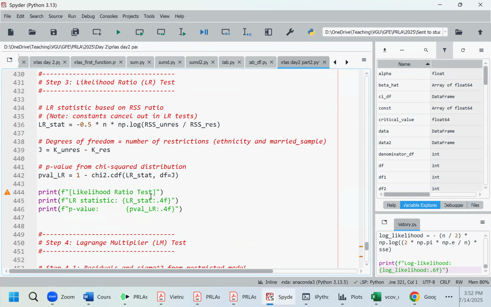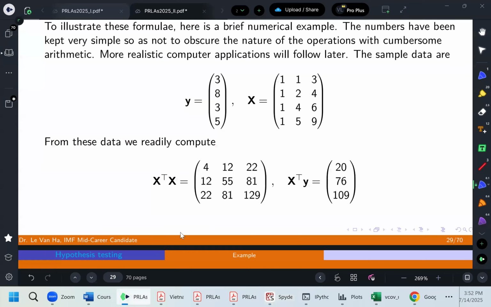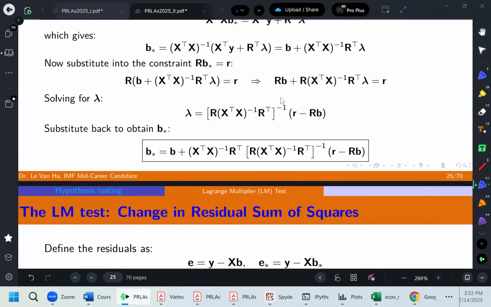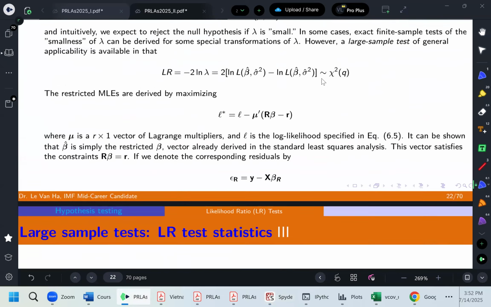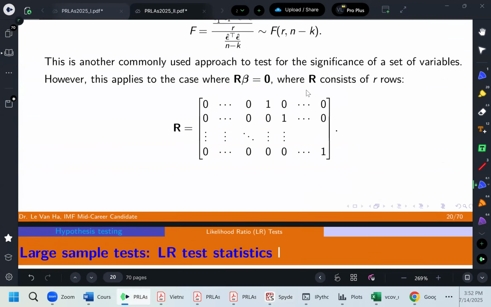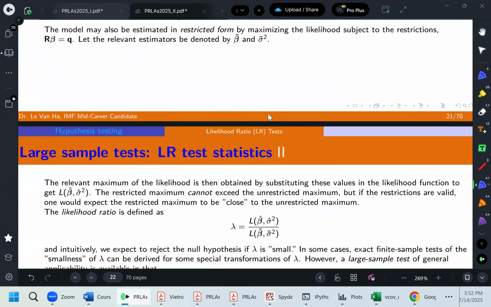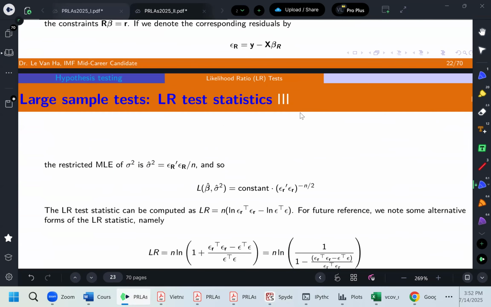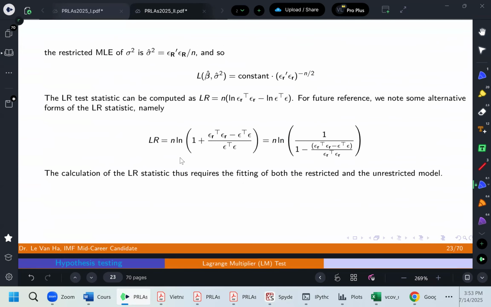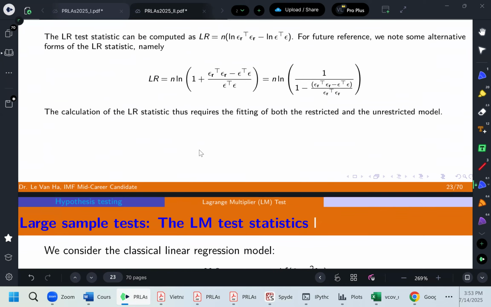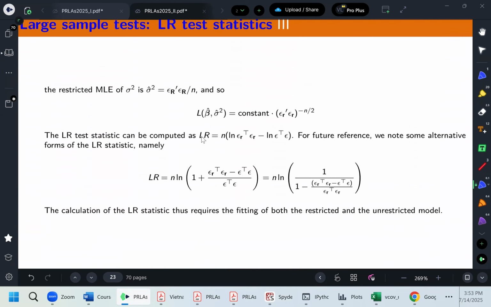So we can compute the p-value of the LR, which is 1 minus the chi-square CDF. This is the implementation of the steps here. I started with the maximum likelihood, and then here is the definition of the LR. You see, the LR test is defined in this way, and we just simply apply that in Python, nothing more.